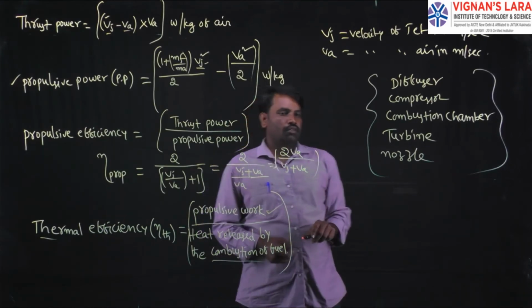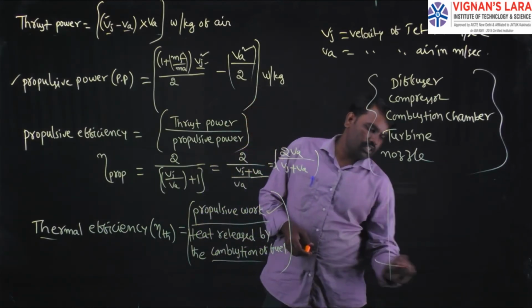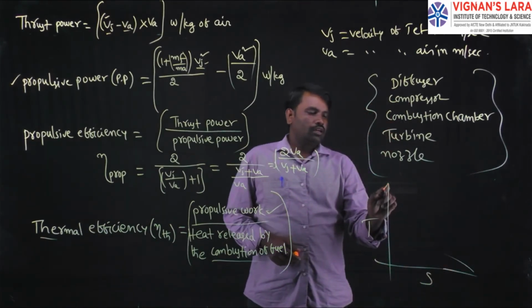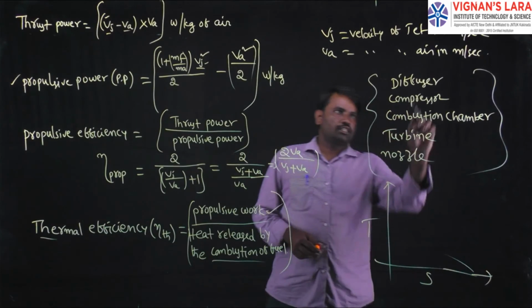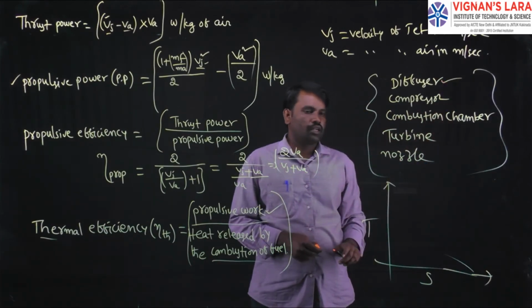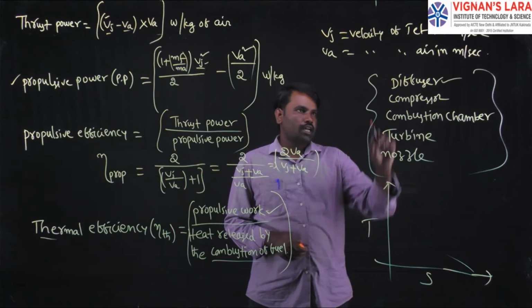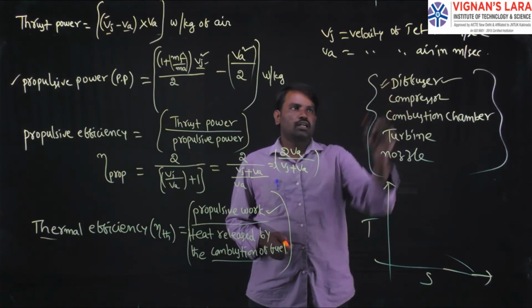While drawing the TS diagram of the jet engine, you have to represent the analysis of each component. In the diffuser, we are compressing the outside atmospheric air isentropically, and you have to draw actual isentropic compression and theoretical isentropic compression.